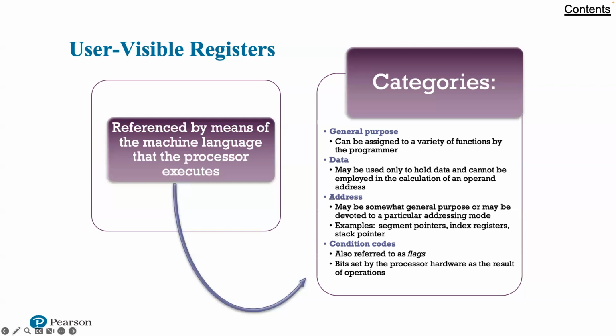Index registers are used for index addressing and may be auto-indexed. Stack pointer: if there is a user visible stack addressing, then typically there is a dedicated register that points to the top of the stack. This allows implicit addressing, that is, push, pop, and other stack instructions need not contain an explicit stack operand.